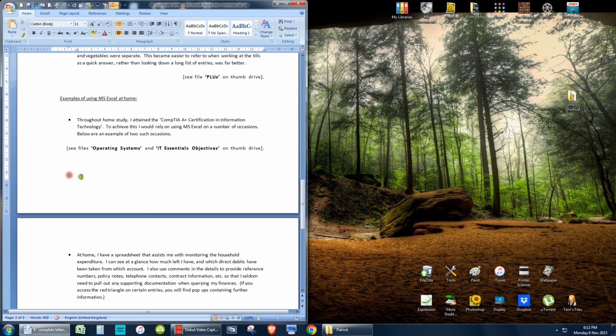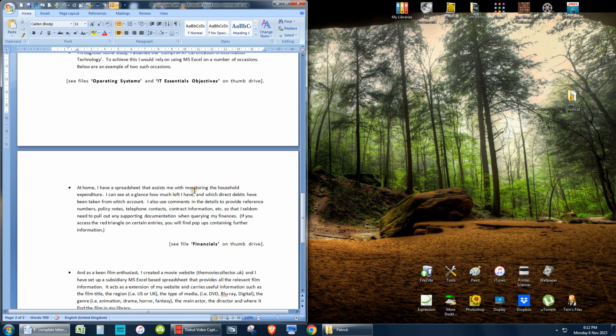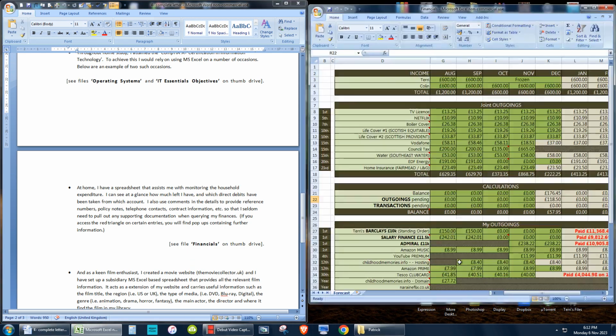So that's that one. At home, I have a spreadsheet that assists me in monitoring the household expenditure. Let's go into that one. I can see at a glance how much I have left, and which direct debits have been taken from my account. I also use comments in the details to provide reference.